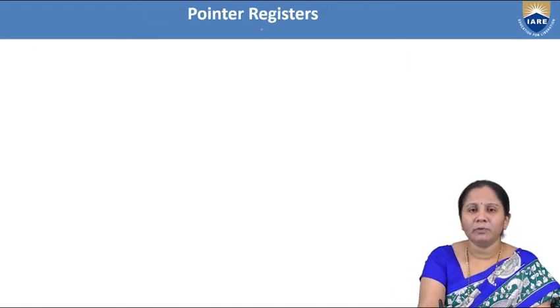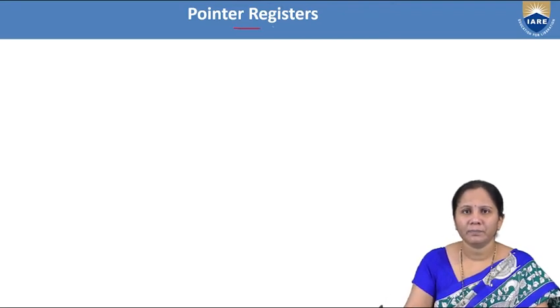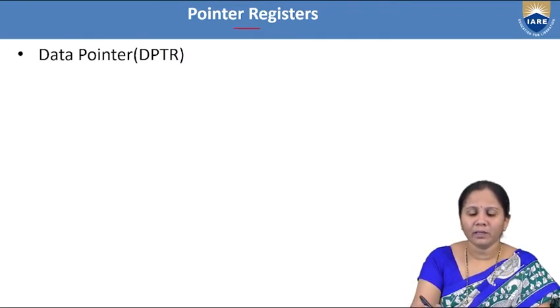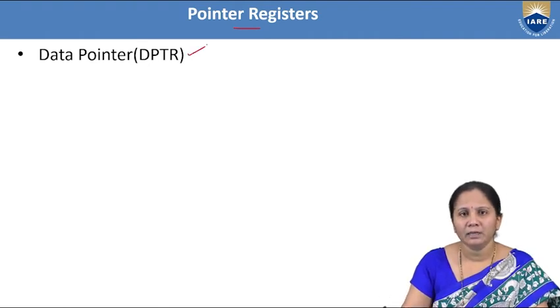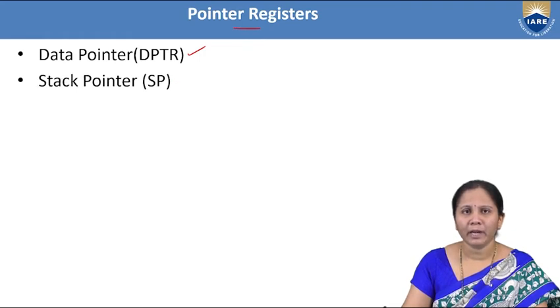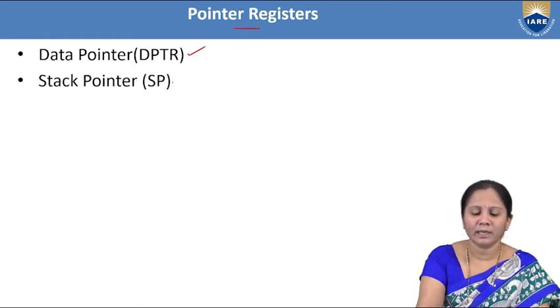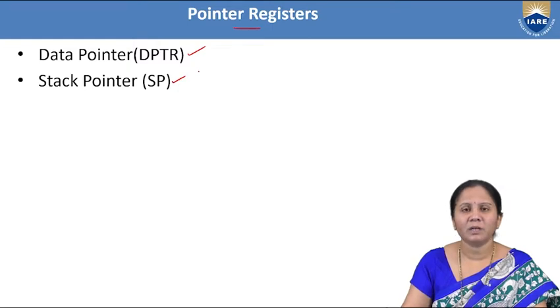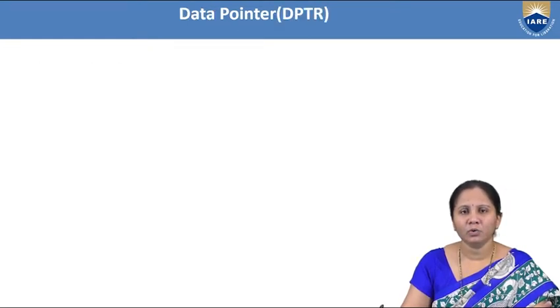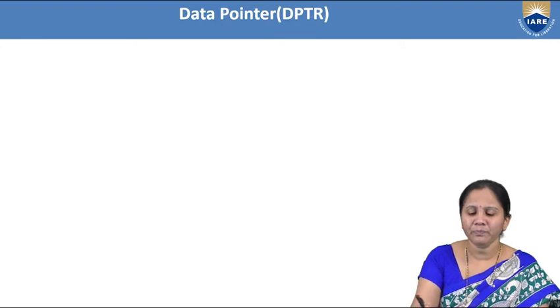The next type of registers are called pointer registers. Here are the pointer registers: DPTR, which stands for data pointer, and another pointer register, SP, which represents the stack pointer. These are the 2 pointer registers available in the register set of the 8051 microcontroller.